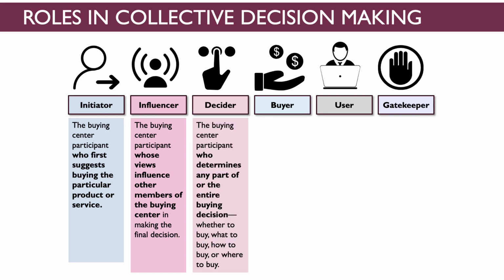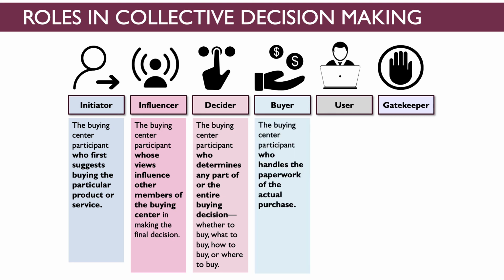The decider is the person who determines any part of or the entire buying decision: whether to buy, what to buy, how to buy, or where to buy. The person who actually makes the purchase and who handles the paperwork of the actual purchase is the buyer.